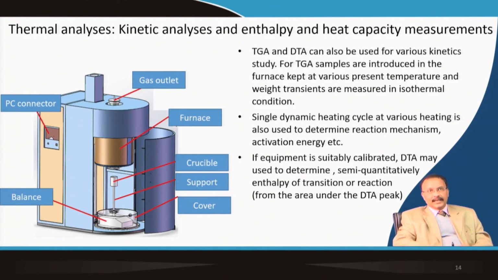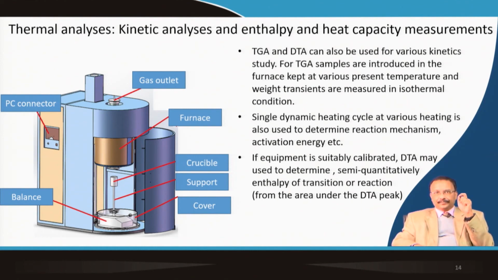For certain materials, a kinetic analysis also can be done. In this case, you can raise the temperature to the particular temperature of concern where the reaction is taking place.